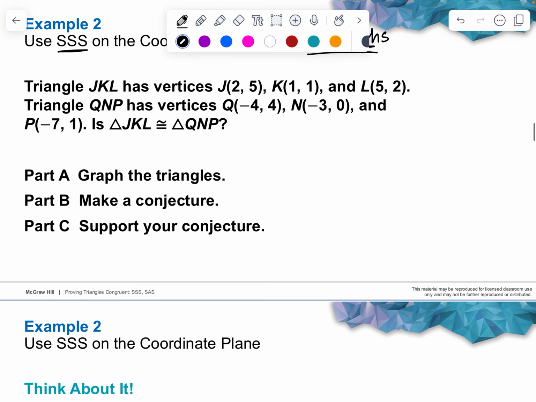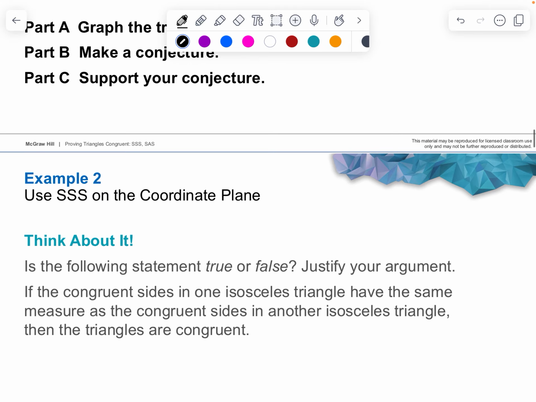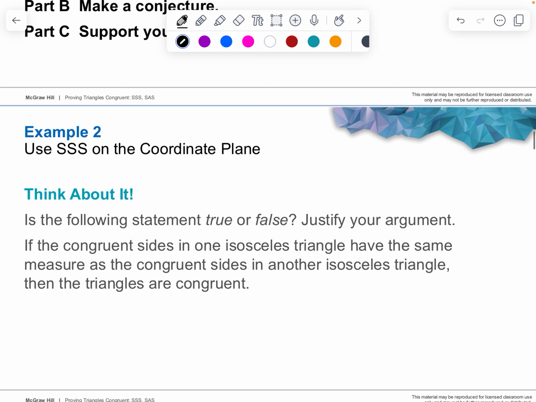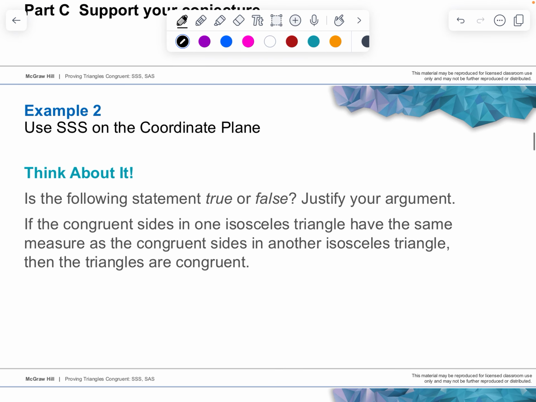Okay. So the very first thing they say is, think about it, is the following statement true or false? If the congruent sides in one isosceles triangle have the same measure as the congruent sides in another isosceles triangle, then the triangles are congruent. That's just a brain teaser for you. Noodle on that.